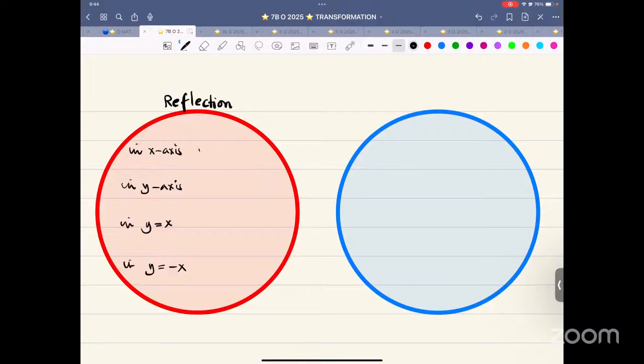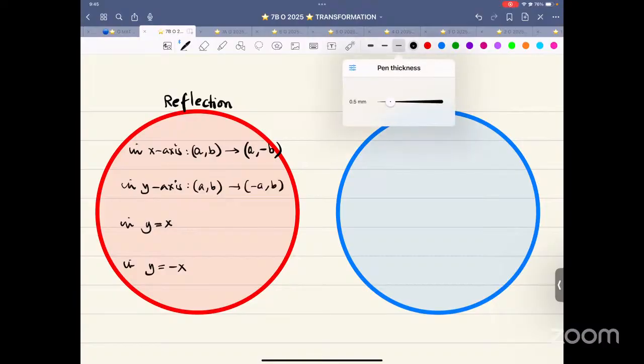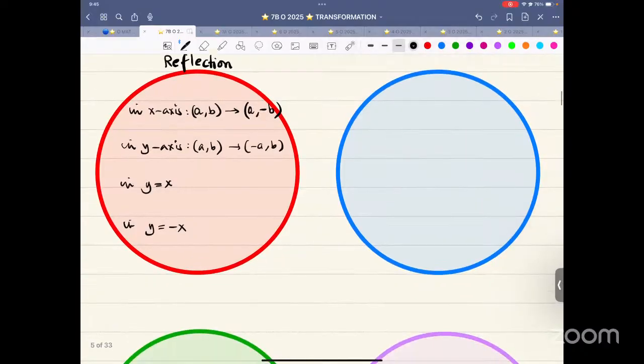Reflection in the x-axis, a point such as (a, b), the y coordinate changes. So (a, negative b). When it's in the y-axis, a point such as (a, b) will become (negative a, b). When it's reflection in the line y equals x, (a, b) becomes (b, a).